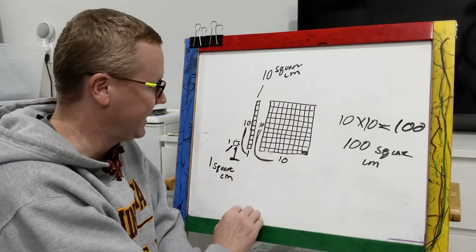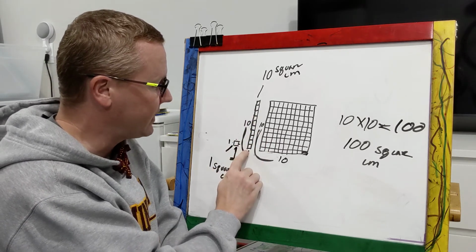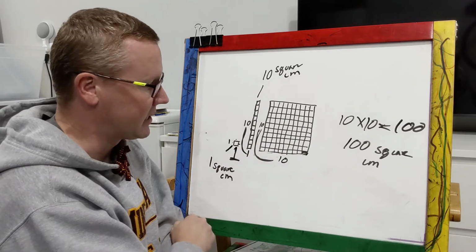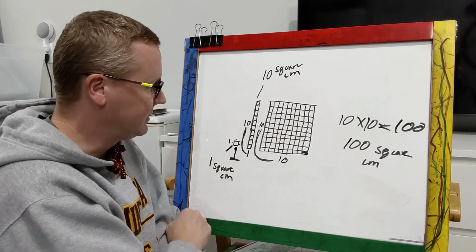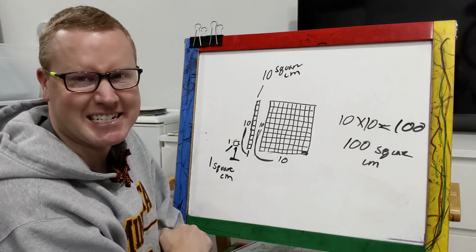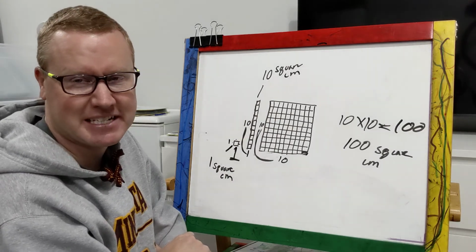We're multiplying by 10. 1 square centimeter, 10 square centimeters, 100 square centimeters. Unit, strip, mat. Also, this one has a weird name called a decimeter. So if you're measuring things, it just means 10 centimeters. Decimeter.